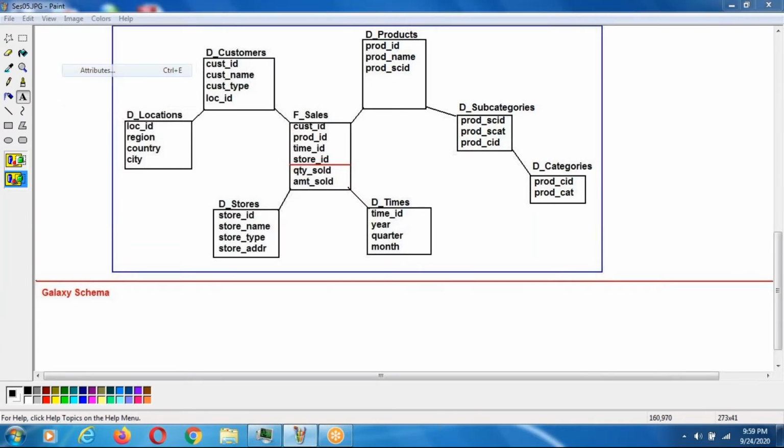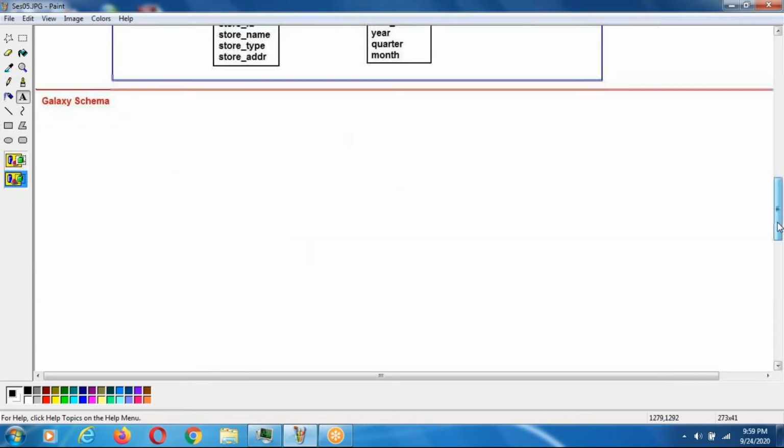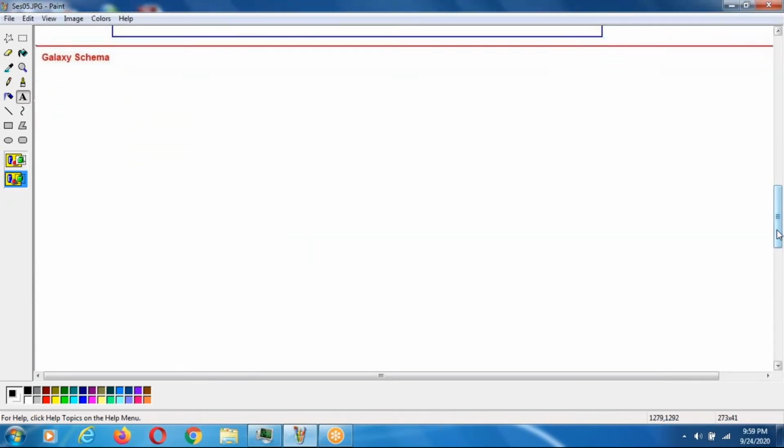What is the first principle? Subject oriented. What do you mean by subject oriented? Complete subject-related information should be stored in one place, and it should not consist of any unnecessary data.